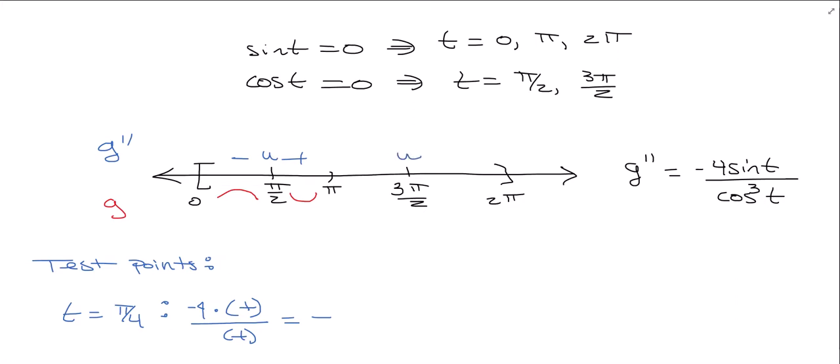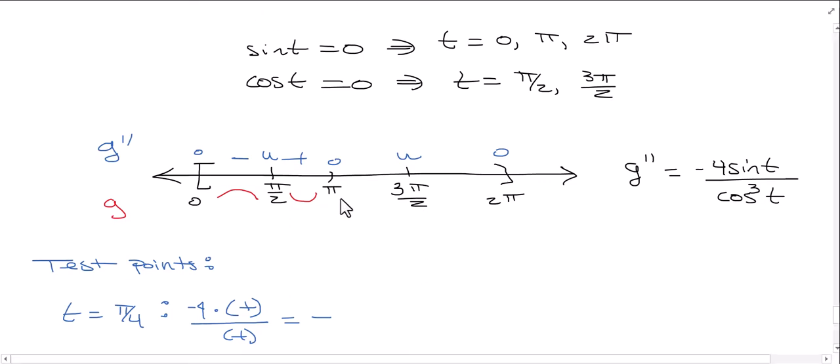So actually the concavity does change, but because pi over 2 and 3 pi over 2 are not in the domain, that's not an inflection point. So this is an example of why knowing the domain of your function is really important.